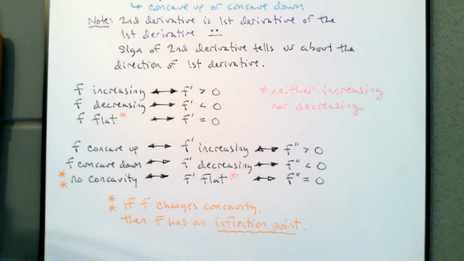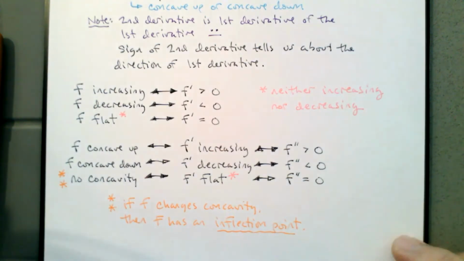The other thing that we want to note is that it's possible to combine increasing and decreasing with concave up and concave down. It gives us 4 ways to combine.